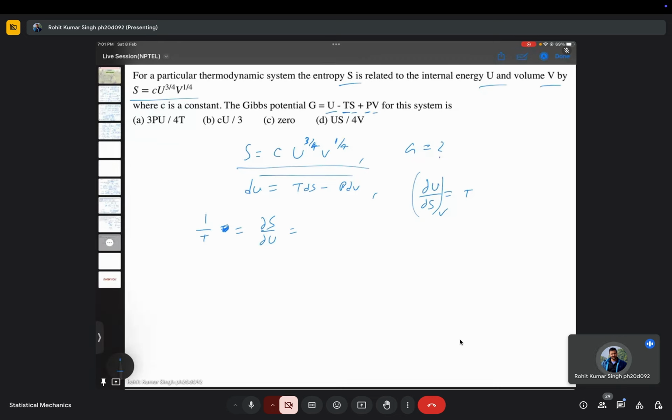What you get is C into 3 by 4 U to the power 3 by 4 minus 1, which is minus 1 by 4, and V to the 1 by 4. So basically temperature is 4 by 3C, and U by V whole to the power 1 by 4. Is it fine?